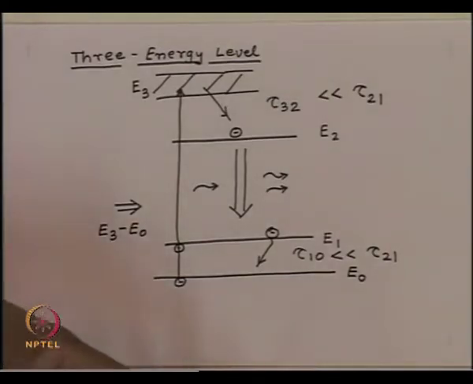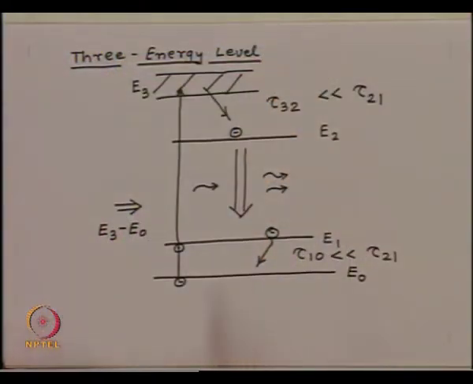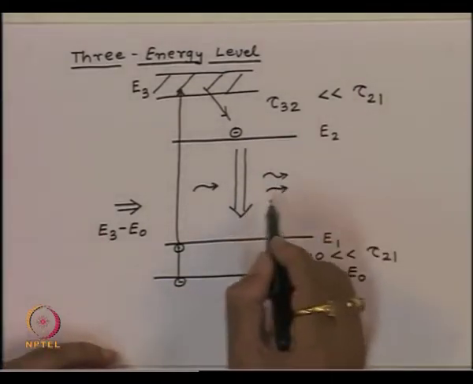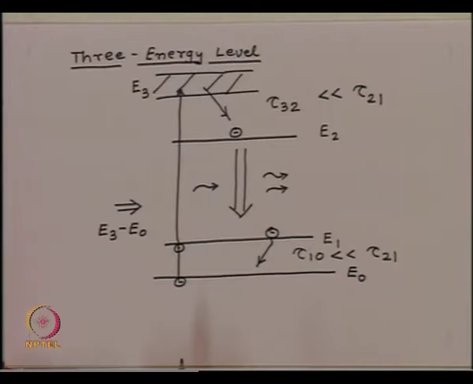So, if you want to have an efficient system which can work in practice, at least a 4 energy level system probably is required with appropriate time constants of transition between different levels, and then only the stimulated emission can take place.